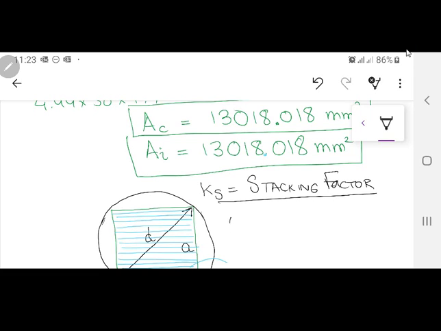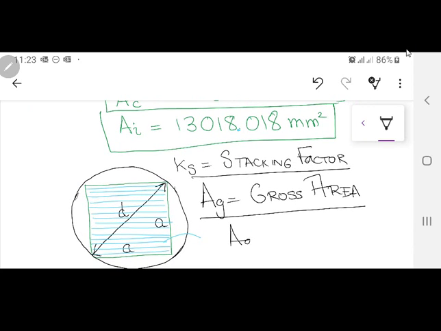So when you are trying to find out Ag, which is the gross area, what is Ag? Ag is the gross area. So what is gross area equal to? Gross area is equal to your net iron area divided by the stacking factor.